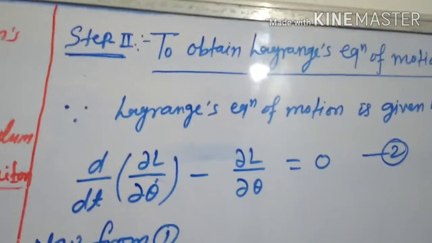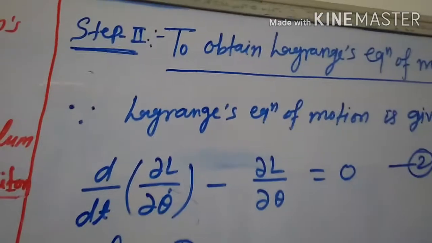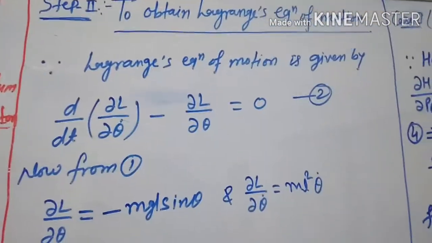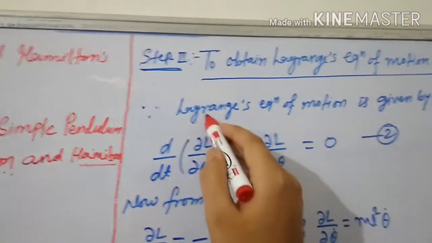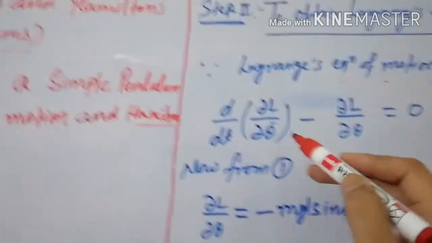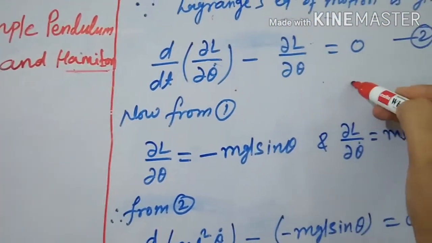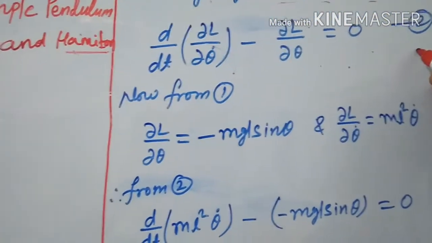Now in step second we obtain Lagrange equation of motion. Since we know that Lagrange equation of motion is formulated by d by dt of del L upon del theta dot minus del L upon del theta is equal to 0.